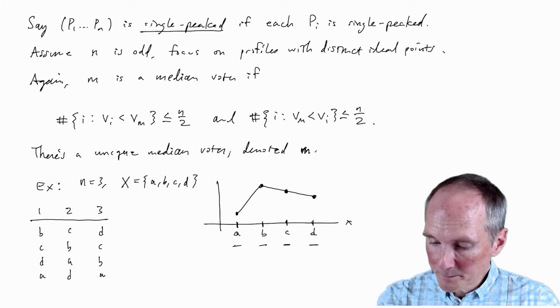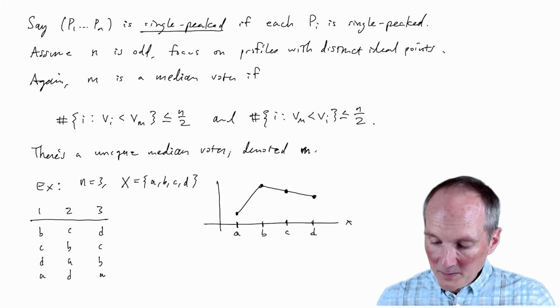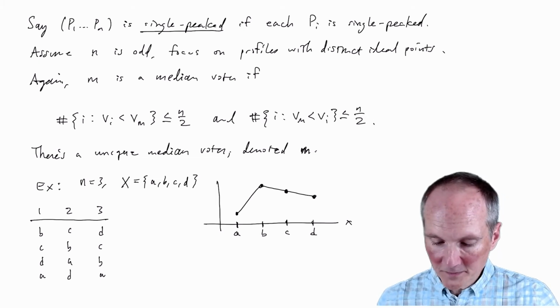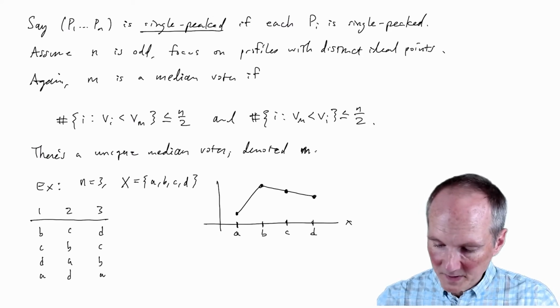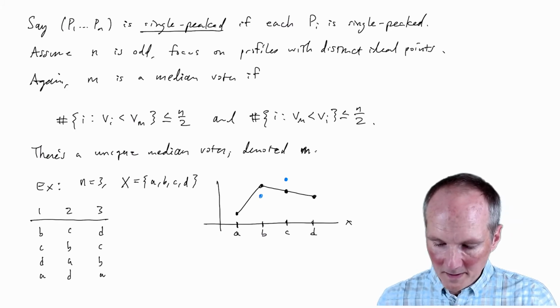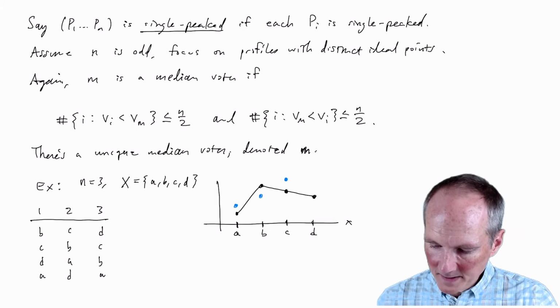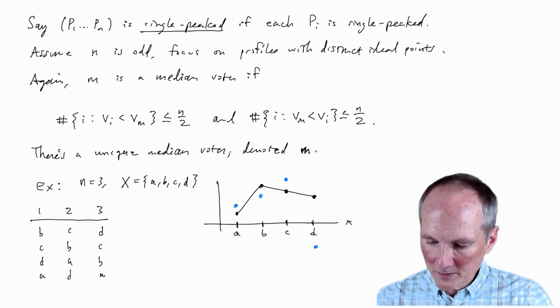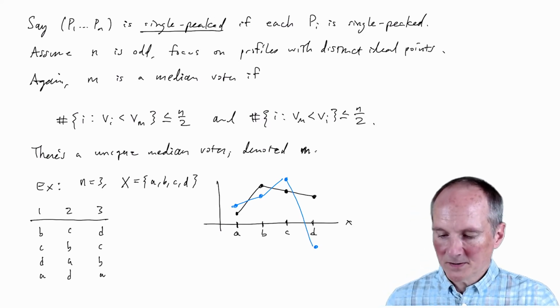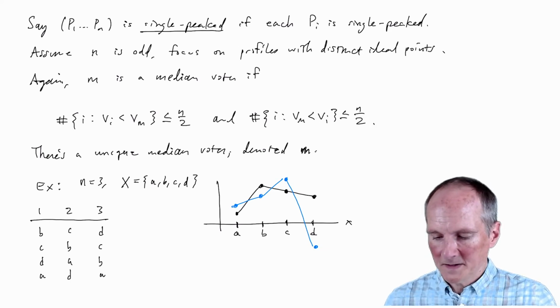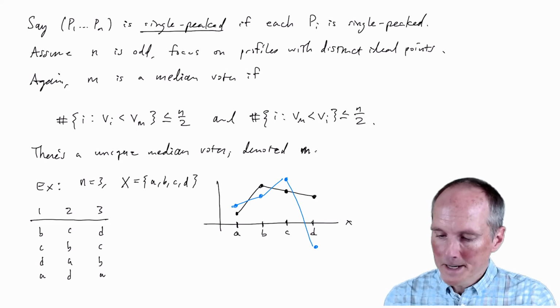Person 2 prefers B to A. So if I were going to write in a utility function for person 2, I would have to give C the highest utility because that's their ideal point, and then B would be next, and then A, and then D would have to have a lower utility than the others. Okay. So that's one possible assignment of utilities that represents person 2's ranking, and you can see it has this single-peak flavor to it, right?